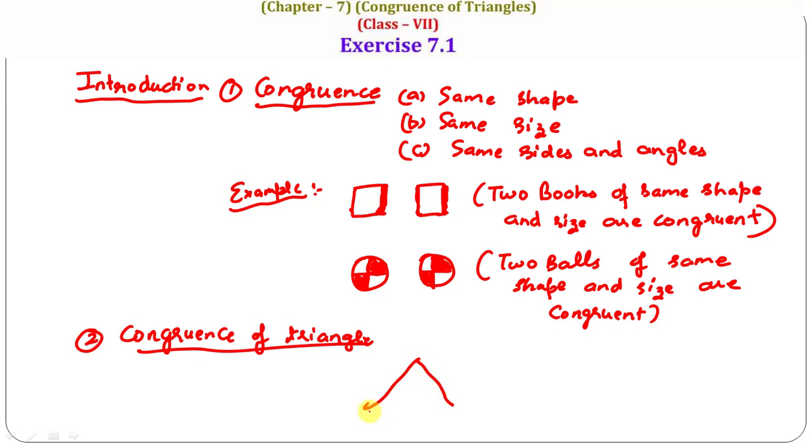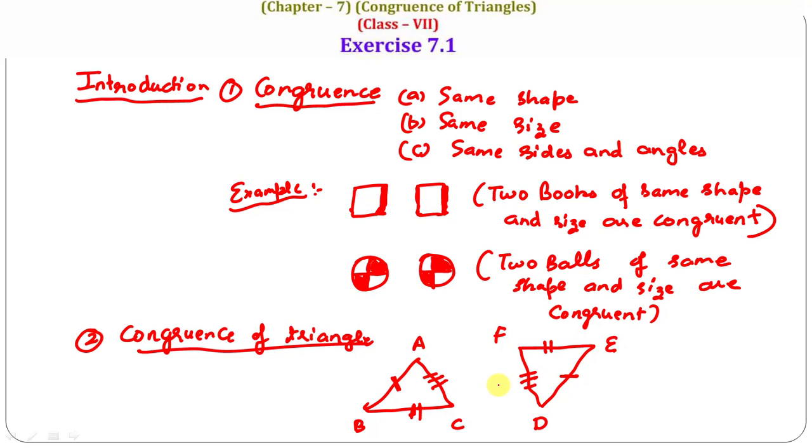Suppose this is your first triangle, ABC, and this is another triangle, DEF. Suppose AB is equal to DE, BC is equal to EF, and AC is equal to DF. Now here all three sides are equal.